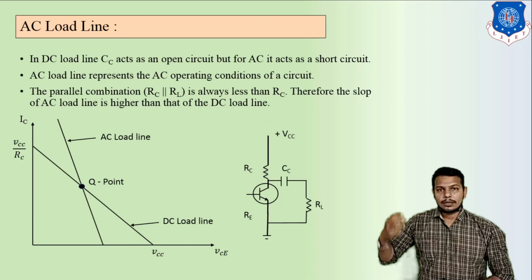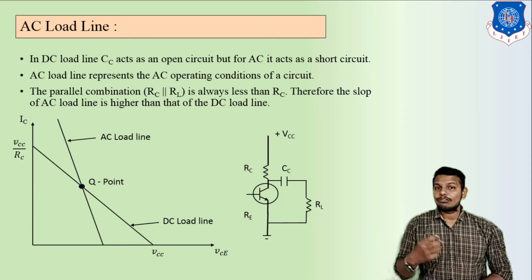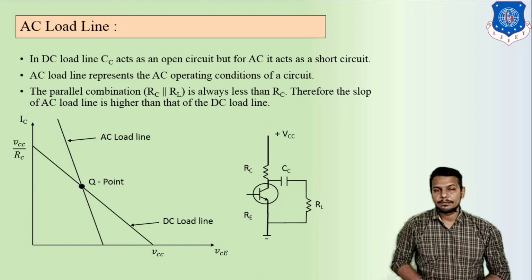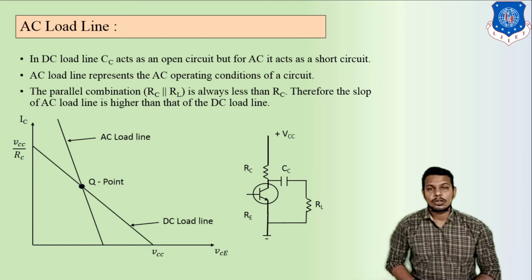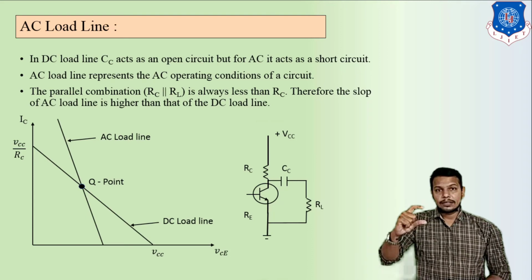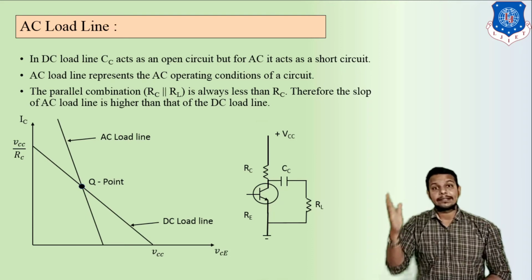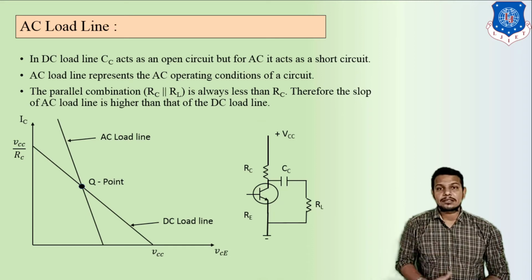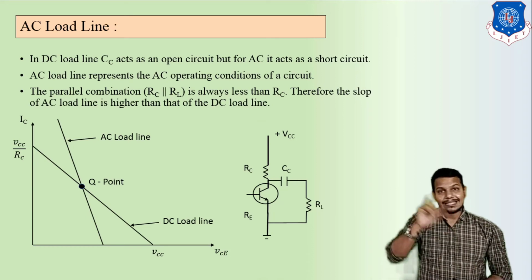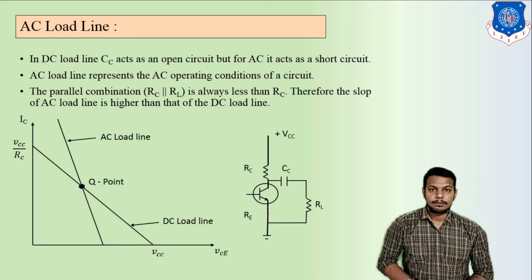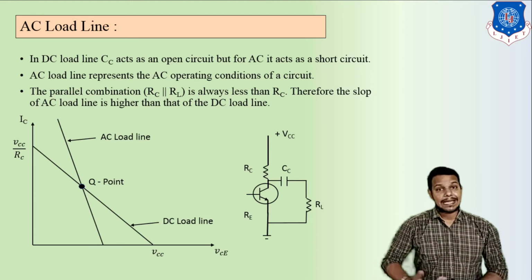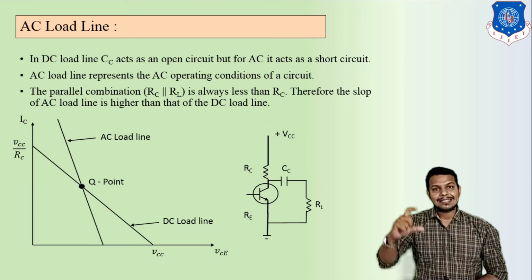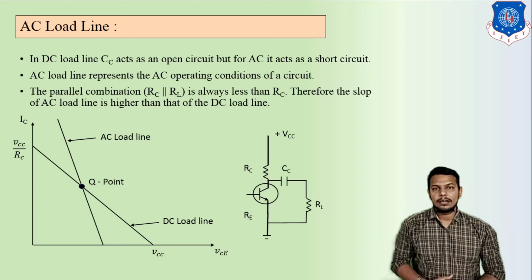So here the parallel combination of RC parallel RL is always less than RC. Why does it become less than RC? Because RC is connected at the collector side and RL is connected across the transistor side, and between RC and RL there is a capacitor. If we are using AC, that capacitor becomes short circuited and RC and RL become parallel with each other.